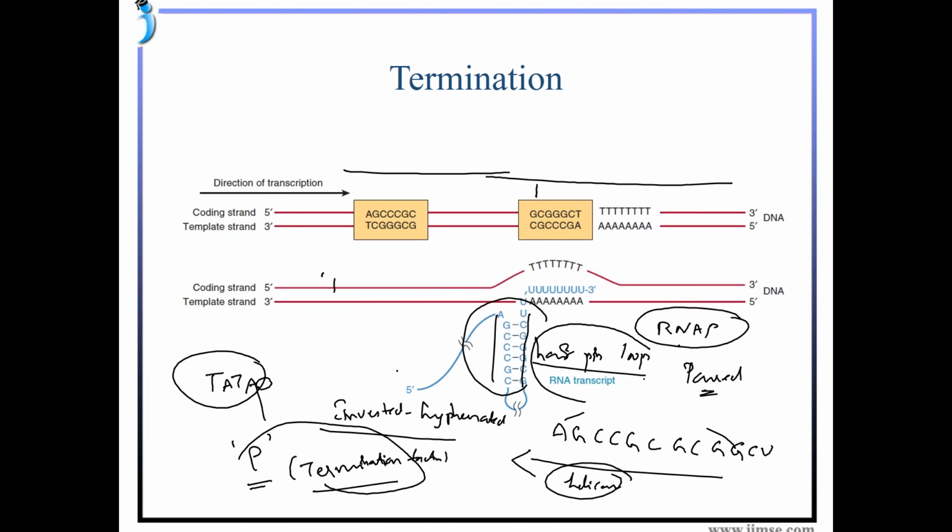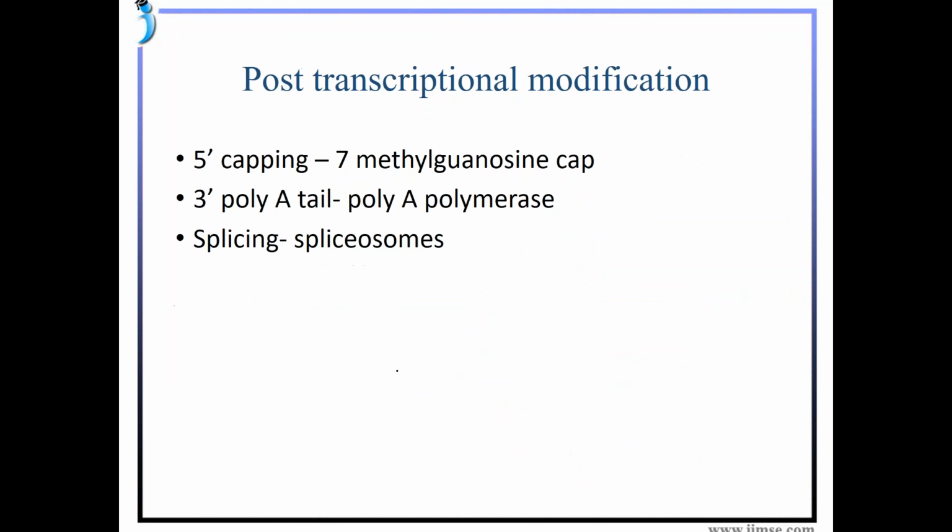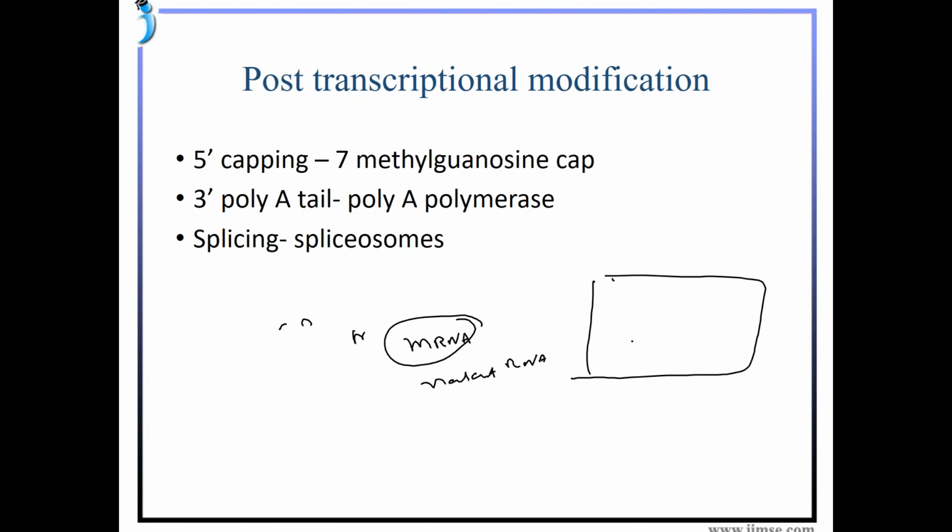Now you have newly synthesized mRNA. This is nascent RNA, which is synthesized in your nucleus. It can't go directly to the cytoplasm. Why? Cytoplasm has certain enzymes called exonucleases.